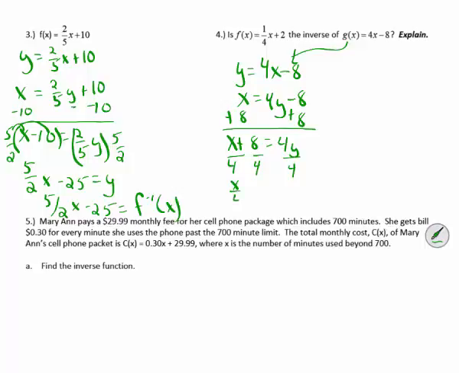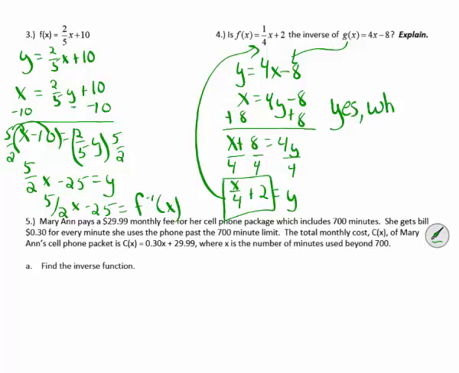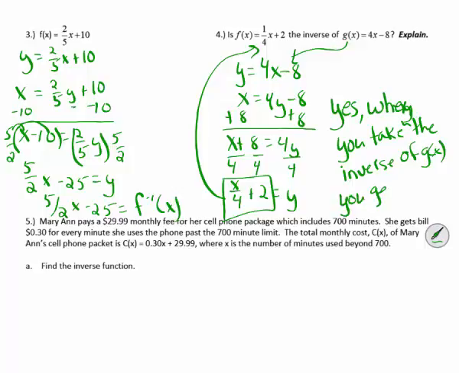So x over 4 plus 2 equals y. So these match, because saying x over 4 and 1/4 x is the same thing. So yes, when you take the inverse of g of x, you get f of x.